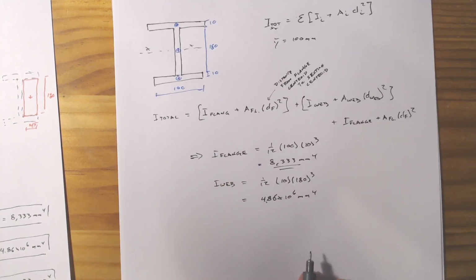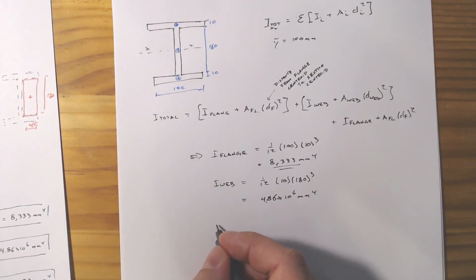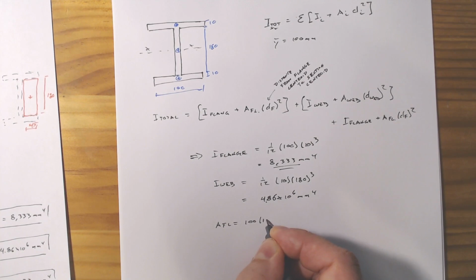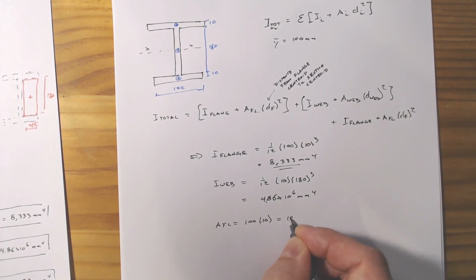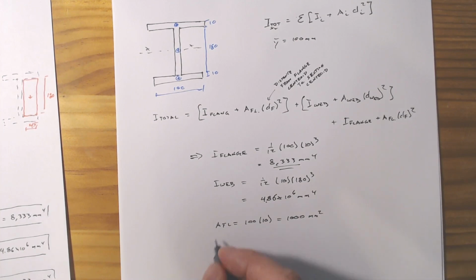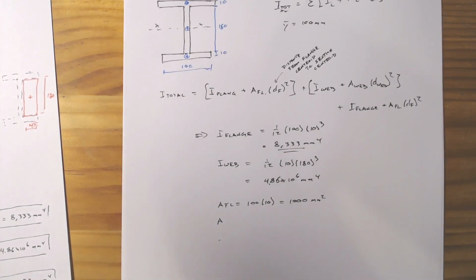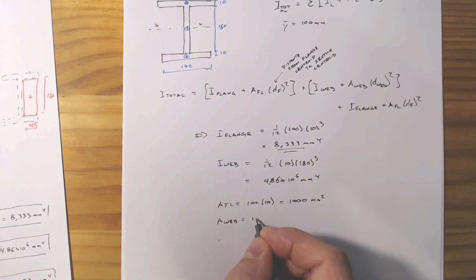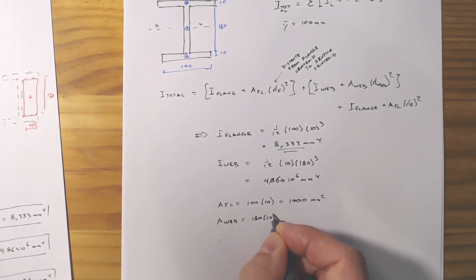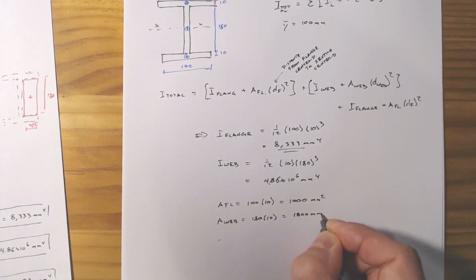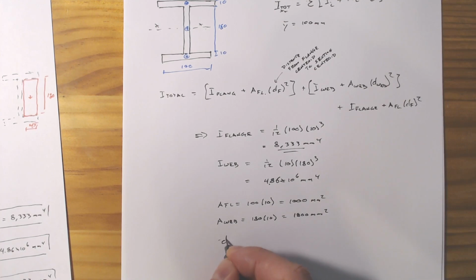Now we need to work out the area of the flange. It is simply going to be 100 times 10, 1,000 millimeters squared. The area of the web is 180 times 10, which is going to be 1,800 millimeters squared.